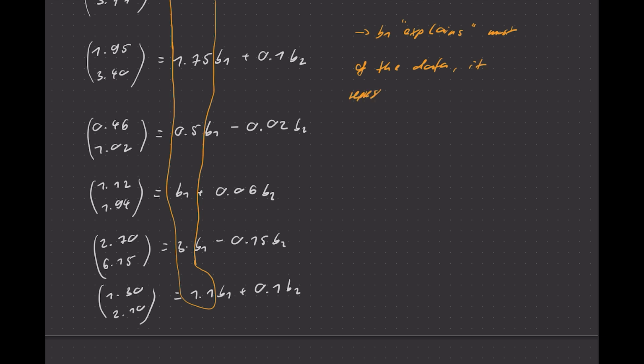So this represents the underlying correlation of the data. Okay, that's kind of the long-term effects here. And B2, on the other hand, reflects random daily fluctuations.